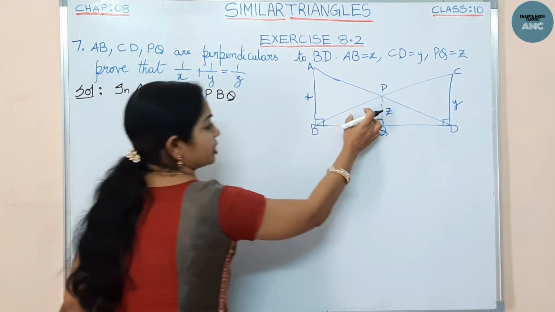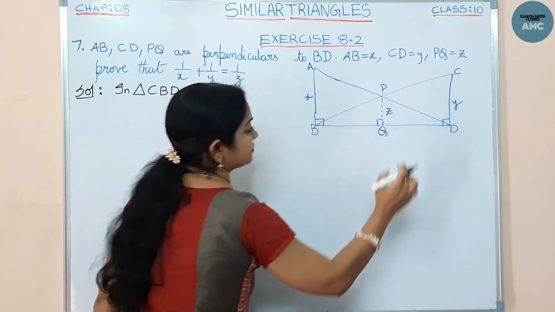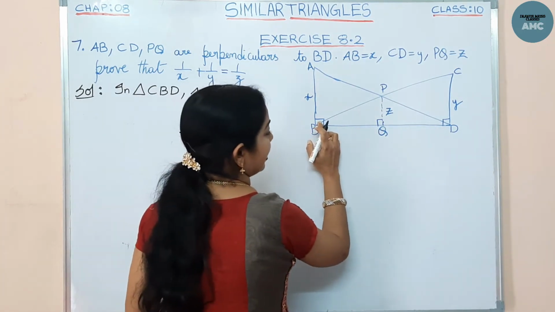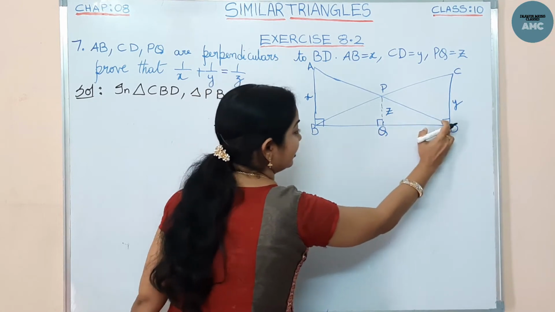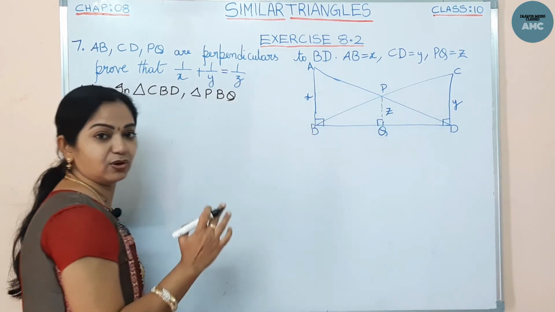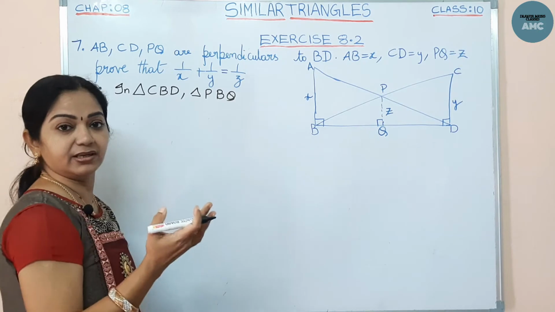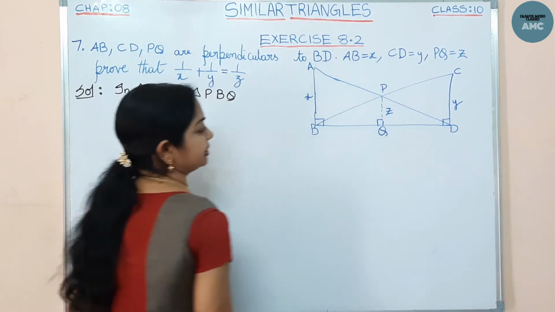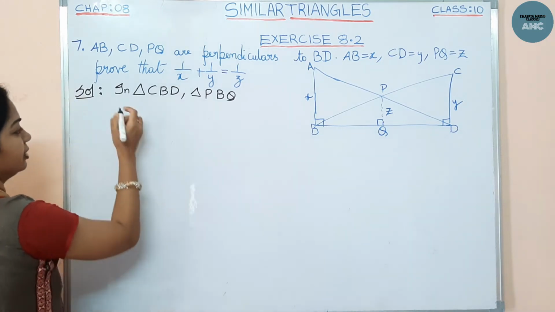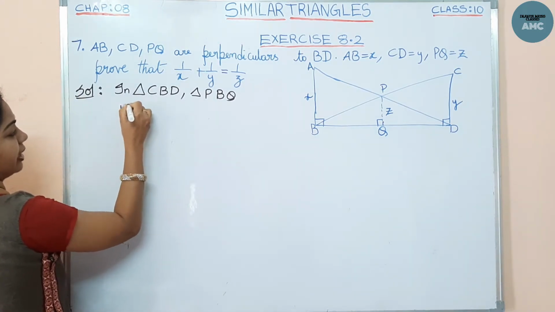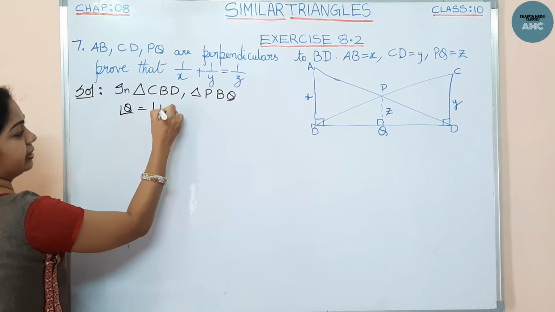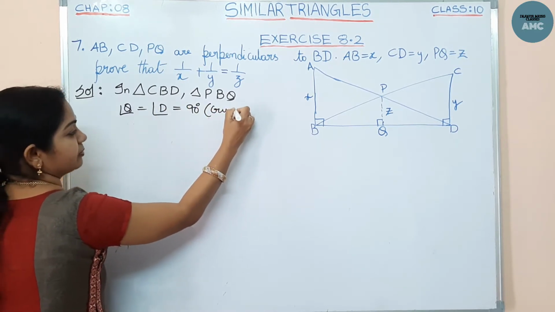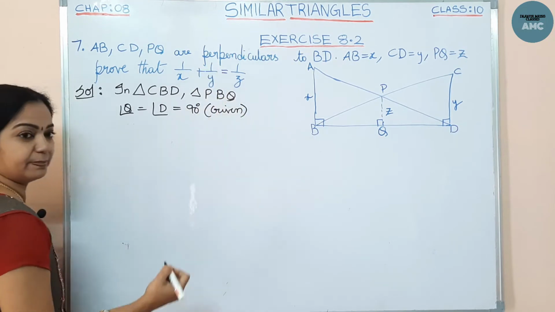Now in these two triangles we will see what are equal here. Now we know that angle B, angle Q, angle D, these three are 90 degrees because given that they are the perpendiculars to the line BC. So all these three angles are 90 degrees. That's given. So angle Q is equal to angle D equal to 90 degrees, because it is mentioned that they are the perpendiculars.